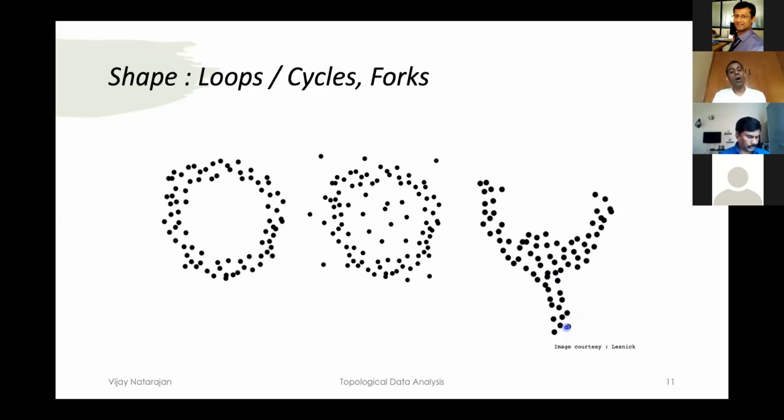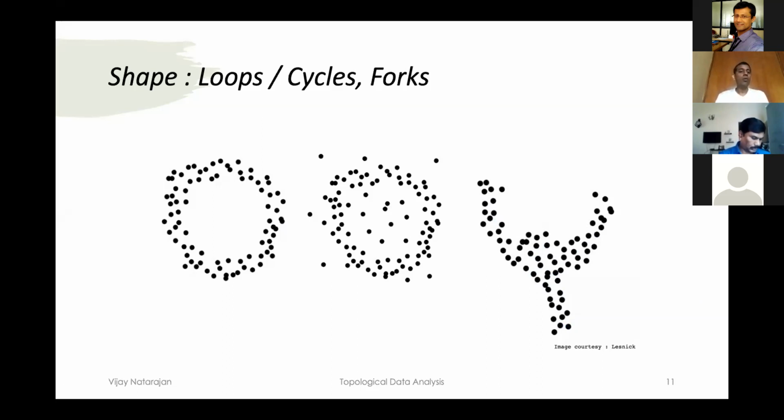So how do we identify such shape of data and use that to understand interesting patterns that may lie within our data?